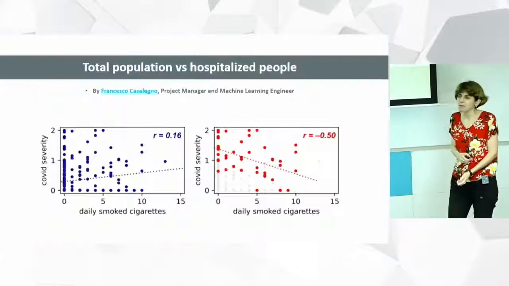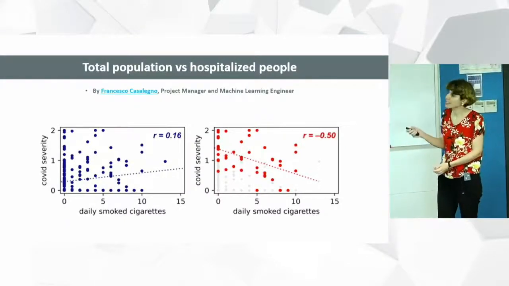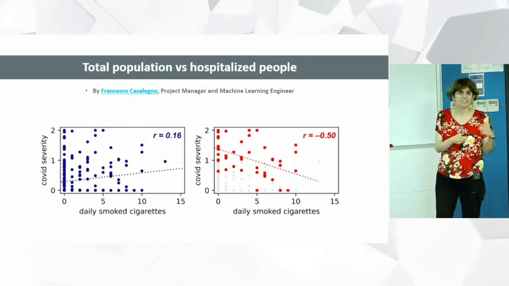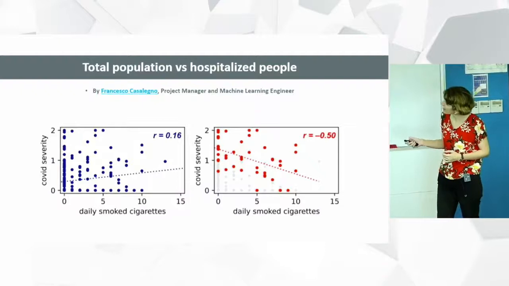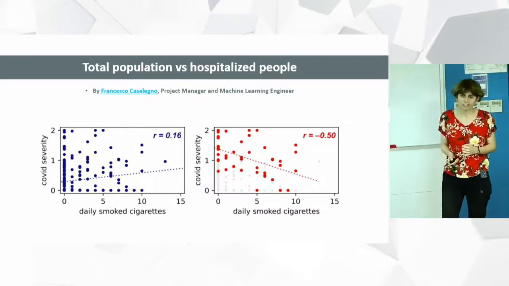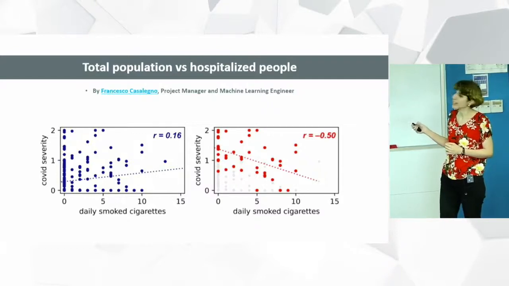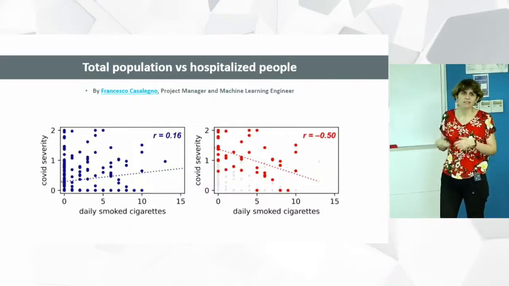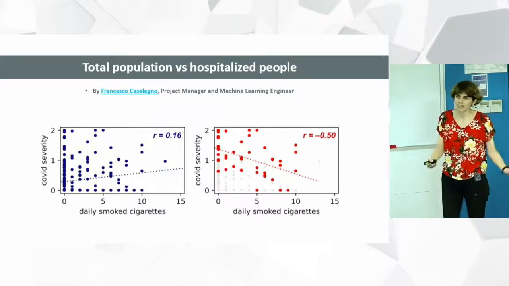It goes back to our assumption and the population that we consider. If you consider the whole population, in fact, there is a positive association between daily smoked cigarettes and COVID-19 severity. But if you consider only hospitalized people, there is a negative relationship, because during the pandemic there were a lot of people in hospitals who were not necessarily smokers.